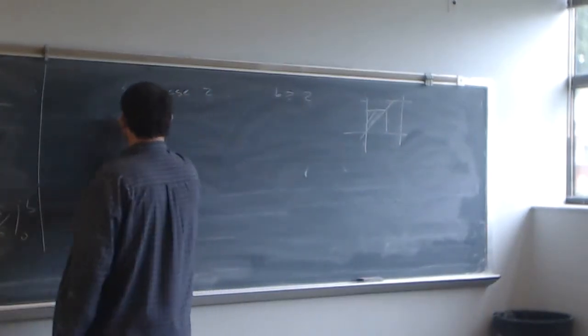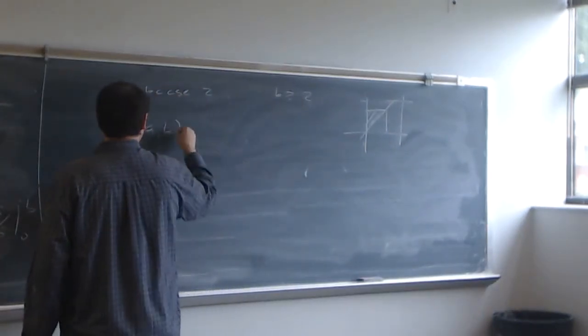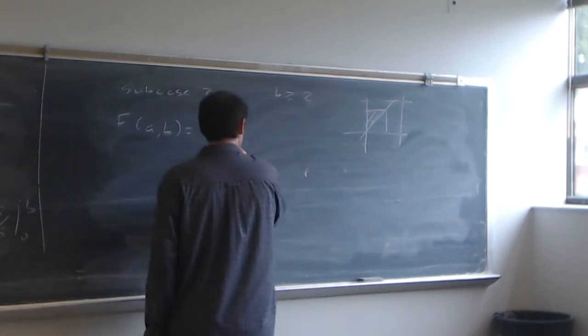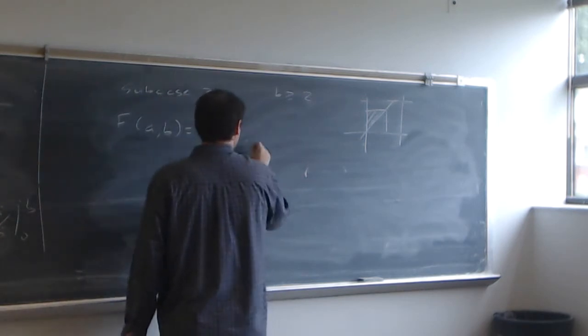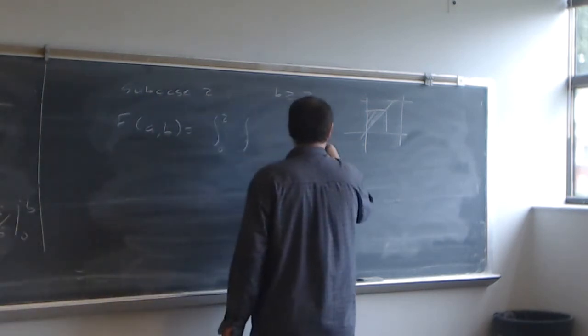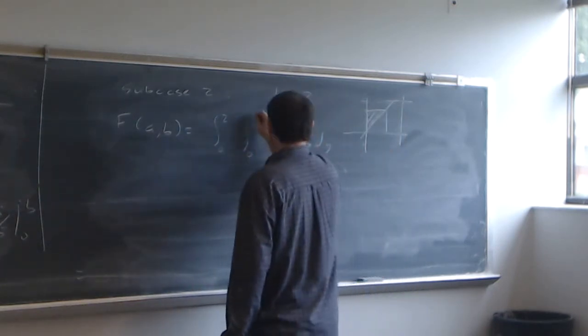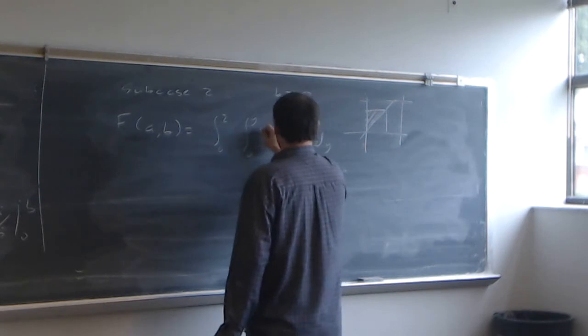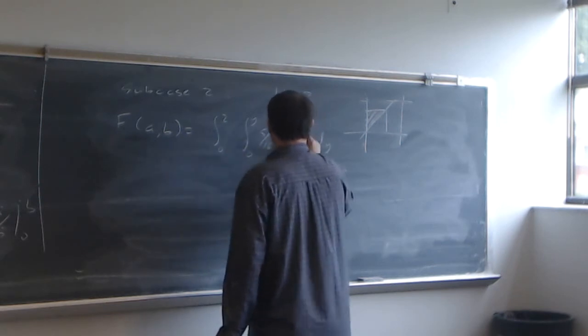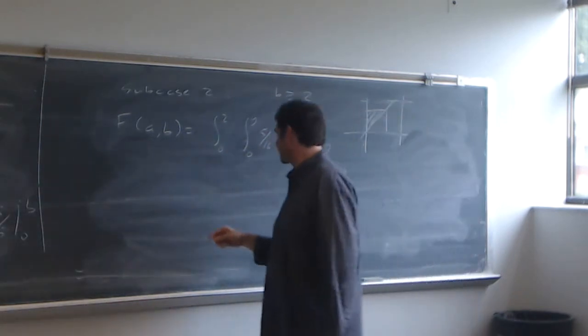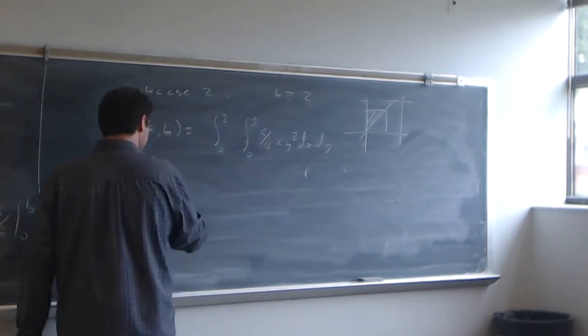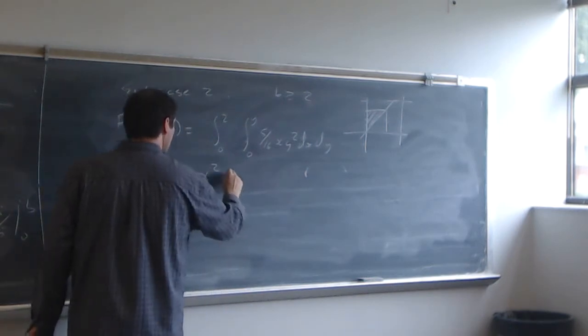So this ends up being F of a, b equal to the integral. This would be from 0 to 2, I'm going to do it with respect to y last, so it's dx. For each one of these y's, the x values run from 0 to y. And again, it's 5/16 x y squared. Okay, we integrate this with respect to x. We get 5/32 x squared y squared.